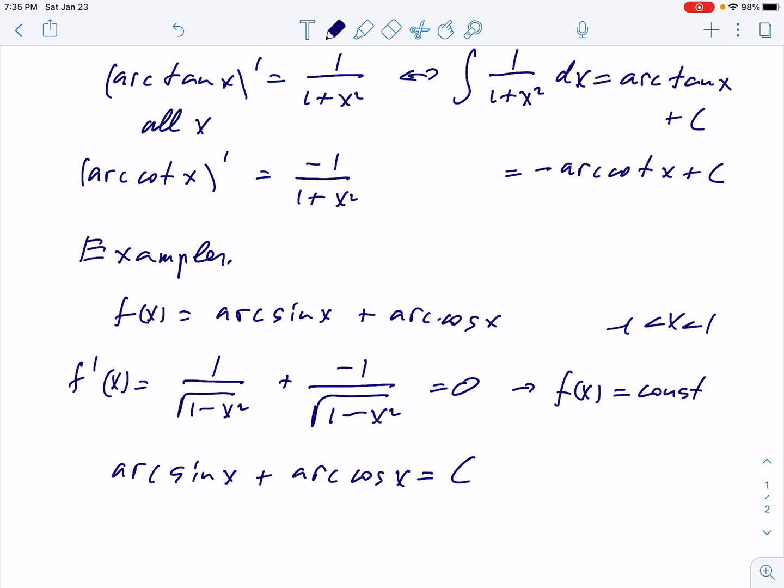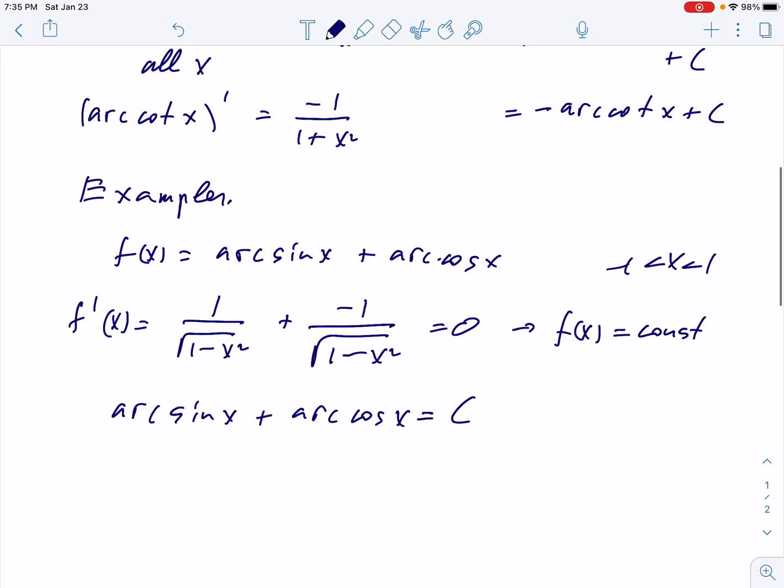It's very easy to compute this constant. Now this equation will be true for the closed interval also, but we just need 0. So we take x to be 0. Arc sine 0 is 0 because sine 0 is 0.